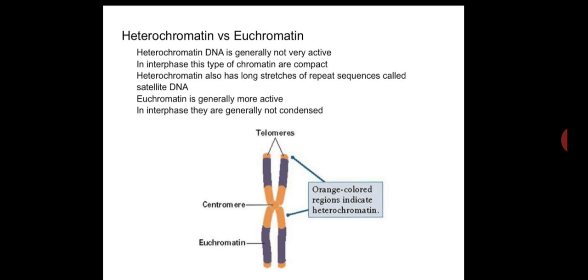When we stain the homologous chromosomes, one of the homologous chromosomes takes a dark stain, but the other homologous chromosome does not take a dark stain in the same region.